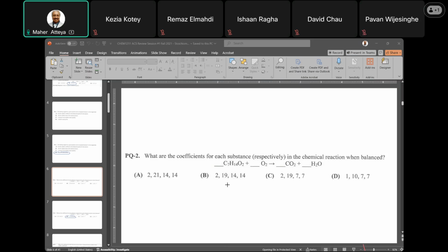So now which one is correct? Combustion is the rare case. Combustion can have what? Larger ratios. That's the only reaction type that has larger ratios, because we are looking at complete combustion.